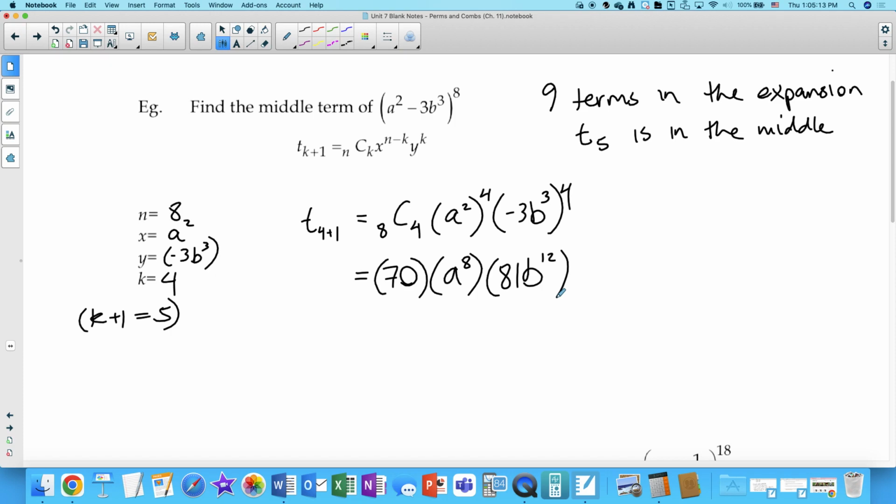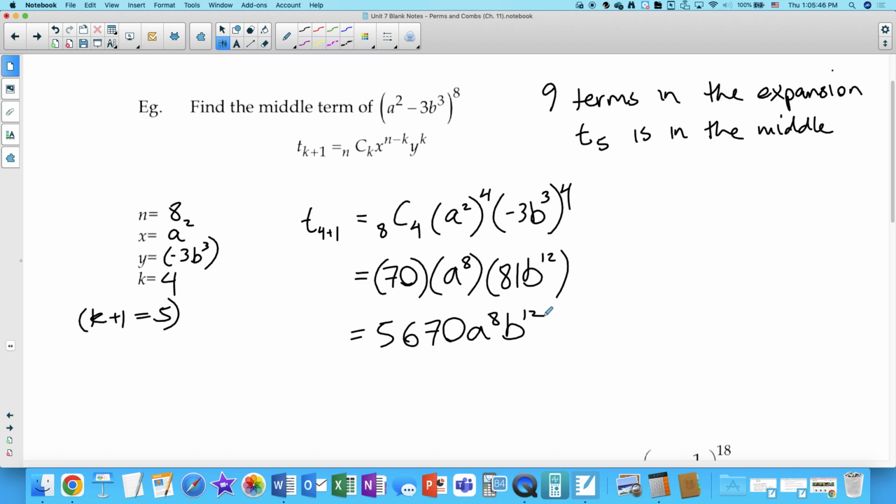Sorry, positive. Oh, you know what? I think I said negative, but I wrote positive. Positive 81. Yeah, thanks. Because this exponent over here is even. Yeah. Okay, so 70 times 81 is 5,670. a to the 8, b to the 12. Okay.